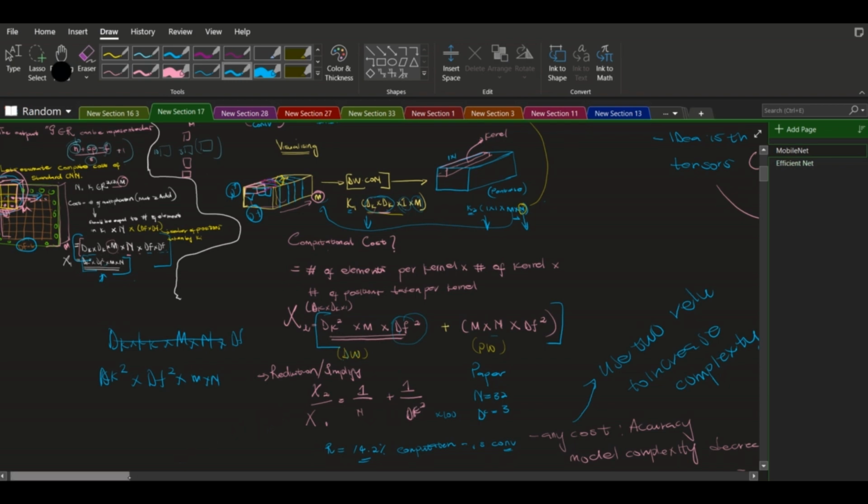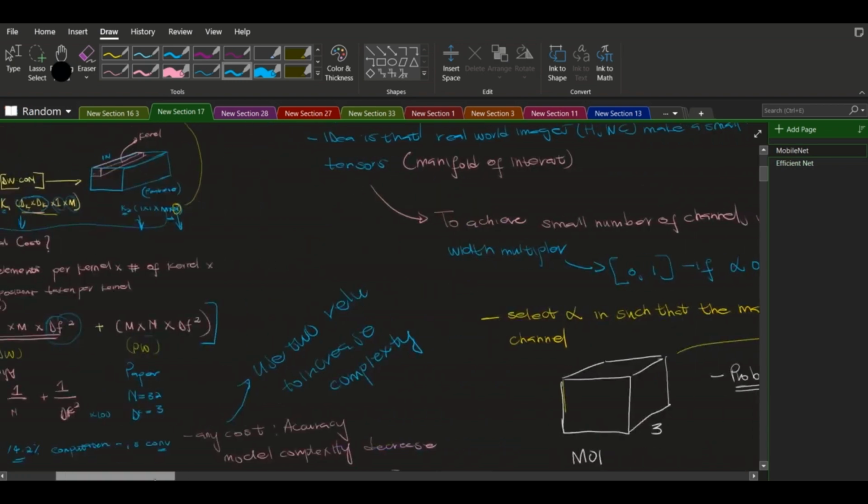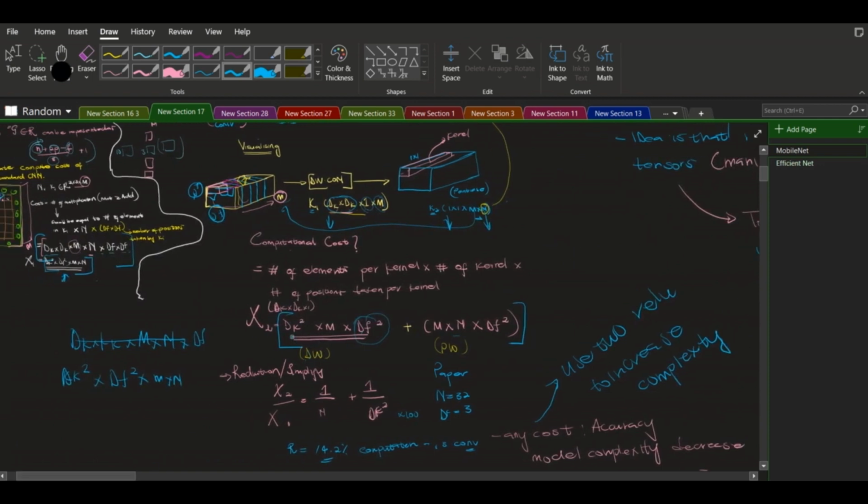So if we work out this equation and cancel some of these, we will realize that essentially this depthwise is much more efficient. According to the paper, it was taking 14.2% of the computation.